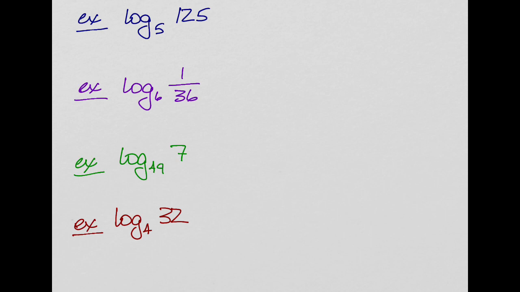Especially at the beginning, when logarithms aren't so familiar, a good strategy for evaluating them is to rewrite in exponential form. So I'm going to take this, say, okay, the base is 5. The power, that's what I'm looking for.